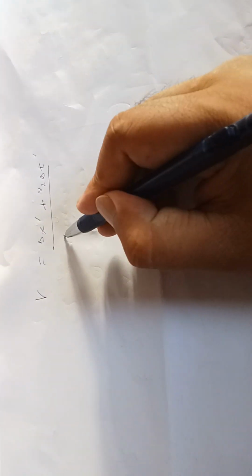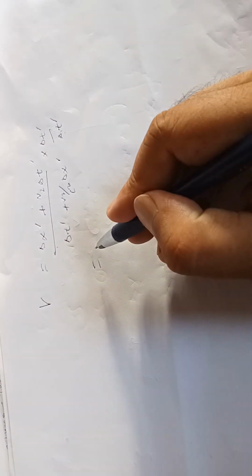So v is equal to delta x prime plus v2 delta t prime, upon delta t prime plus v2 upon c square delta x prime.